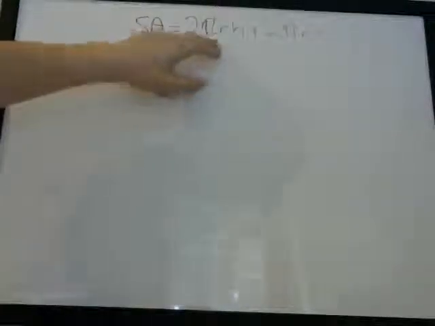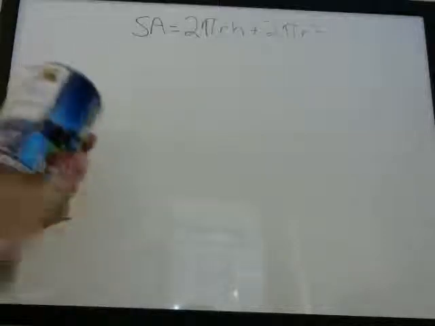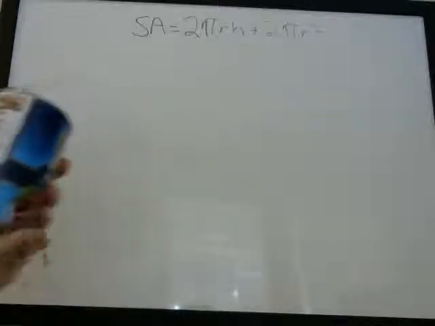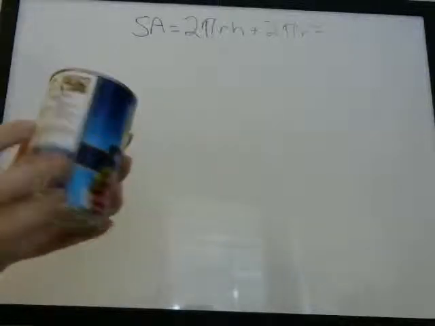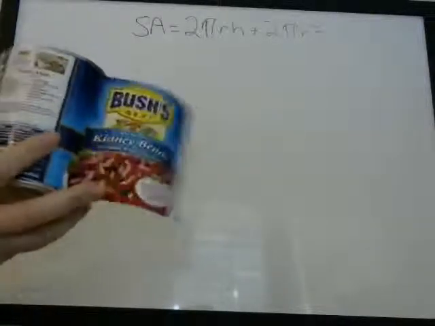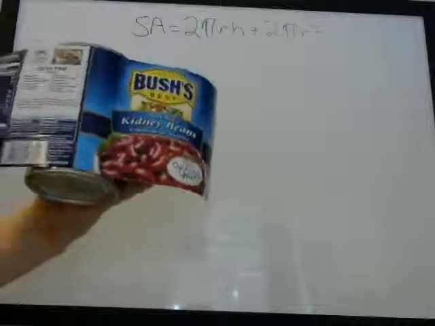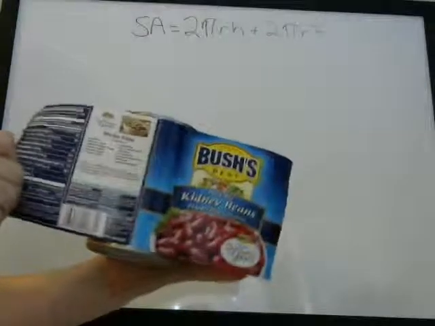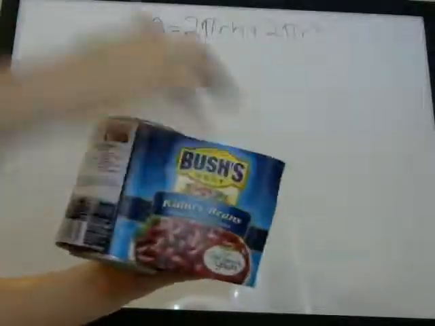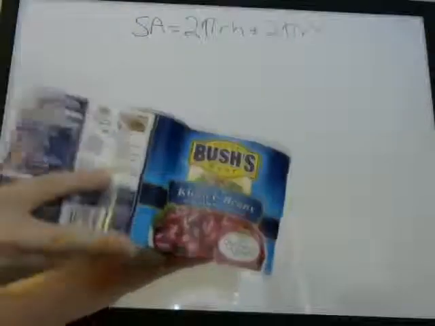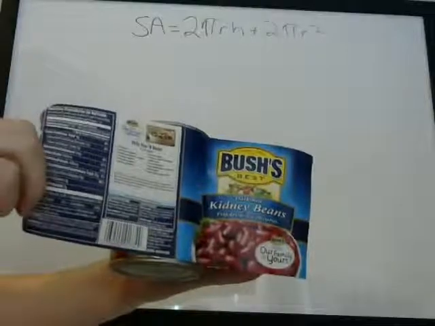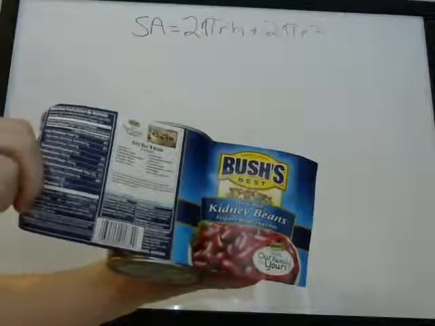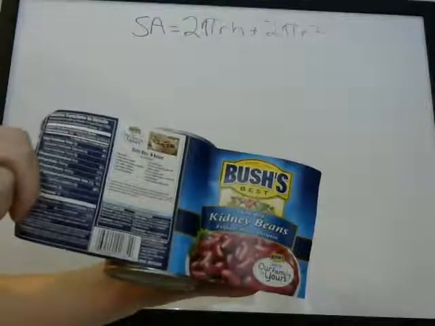Now, this part is going to give us the area around the cylinder. So here we have a can. If we remove the label, essentially we want to paint the label, right? Because we're painting all around. So if we unhook it and spread it out, what do we have? The label is really in the form of a rectangle, right?